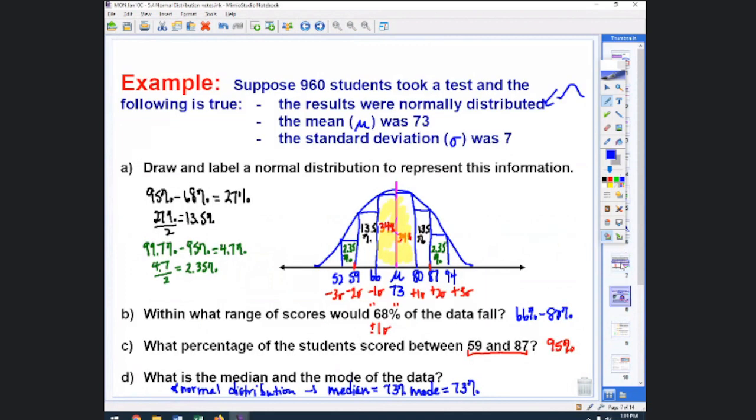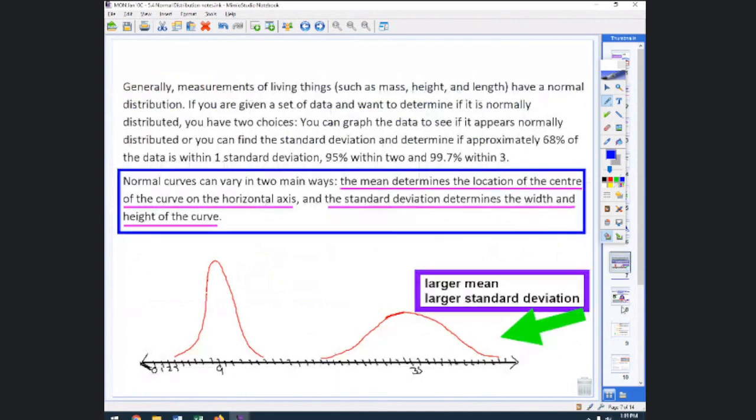I just want to put this one here. Okay, generally measurements of living things is what we're going to be talking about in some cases, such as mass of whales, the height of trees, the length of a dolphin, I don't know, have a normal distribution. If you're given a set of data and you want to determine if it is normally distributed, you have 2 choices.